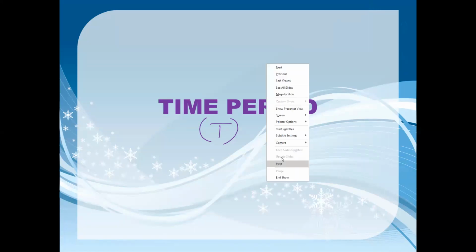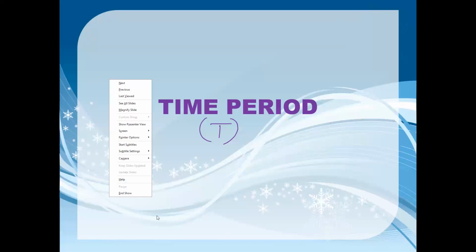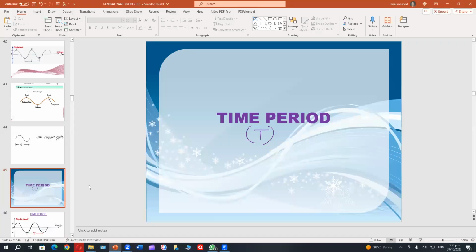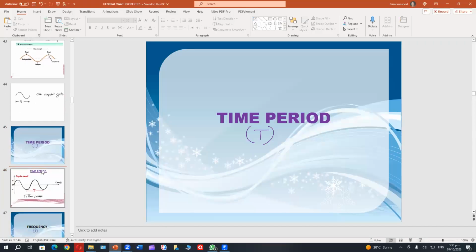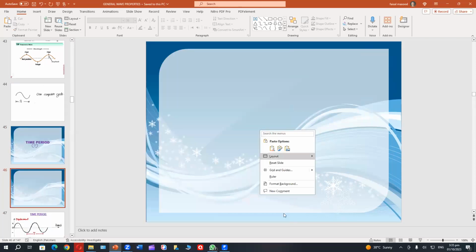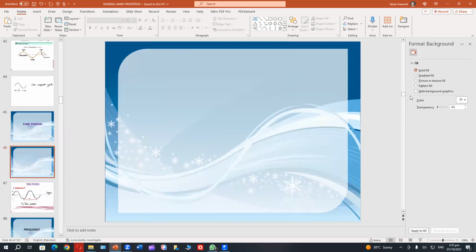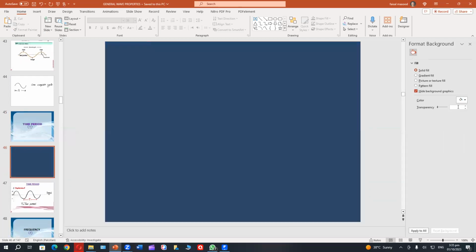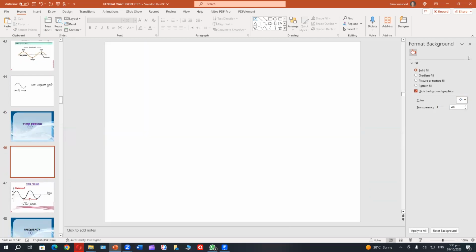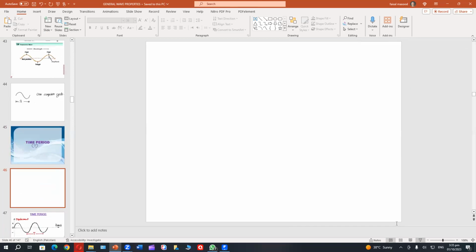Now, what is time period? Do you remember from your earlier classes work? What is time period? The amount of time taken for a wave to complete one cycle. Yes, we did this from our topic of pendulum also.